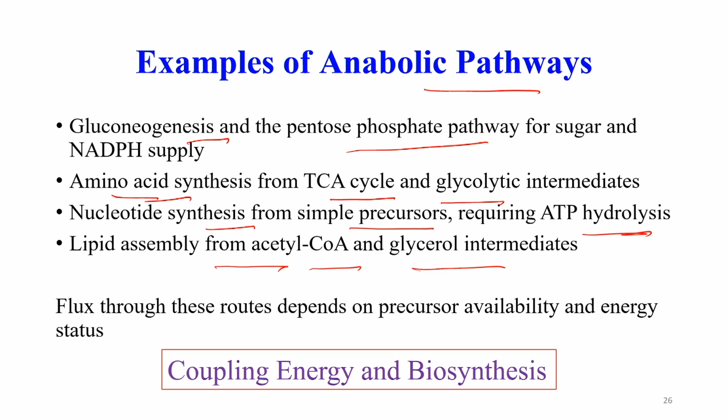These are examples of anabolic pathways, and all these pathways require an energy supply that comes from the energy carrying molecule, that is ATP.